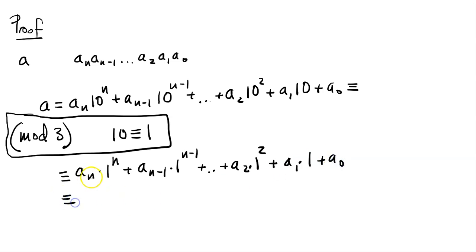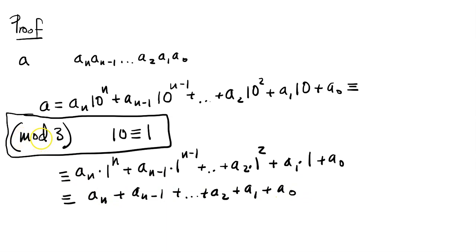We see that 1 raised to any power is just 1, so we can forget about these ones here. We end up with the digit sum. So the number itself, a, is congruent with the digit sum modulo 3.